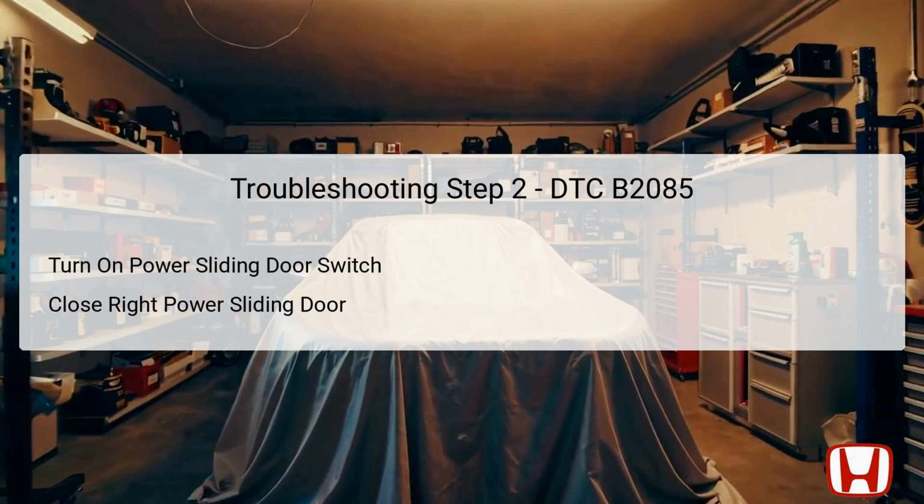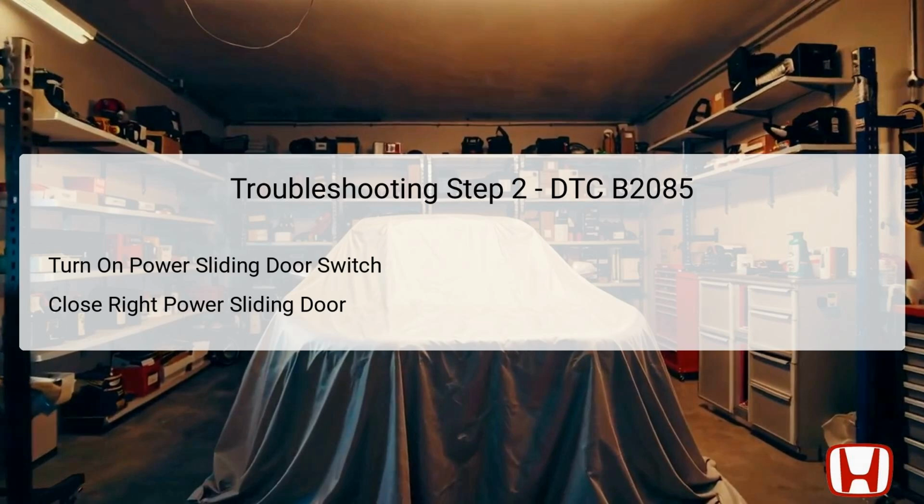After clearing the error codes and initializing the vehicle systems, the next step involves turning on the power sliding door main switch. This enables the control systems associated with the sliding door, allowing for real-time diagnostics. Following this, the right power sliding door must be closed completely.